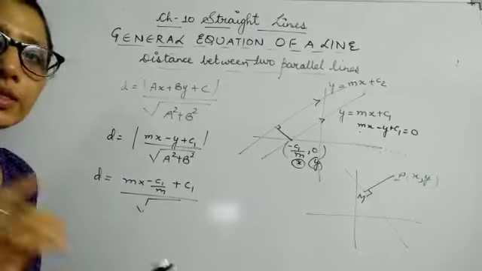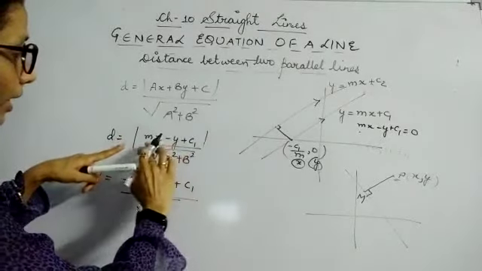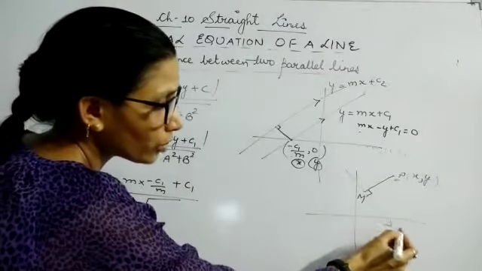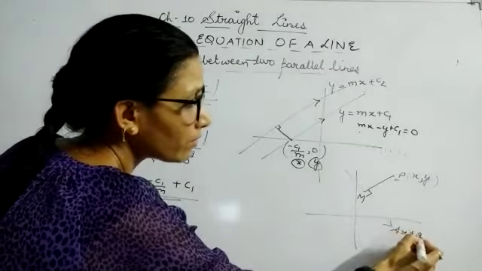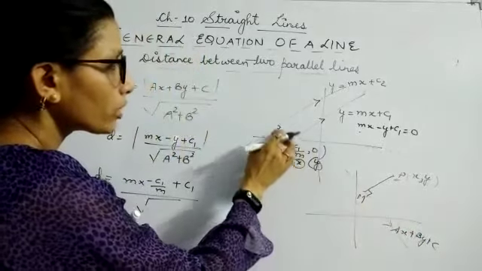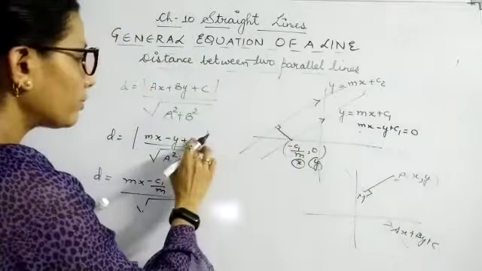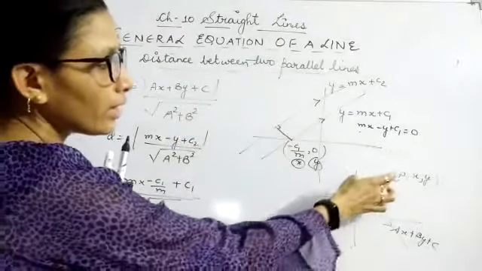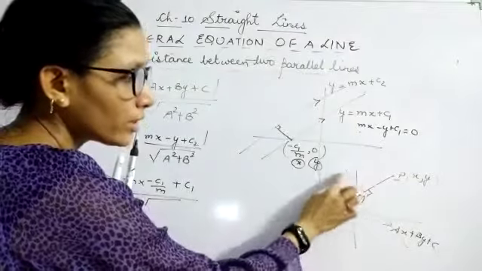x. Let's see children, here I have written mx minus y plus c1. But here this was your equation ax plus by plus c. That means the line on which it is perpendicular. So this is perpendicular to this line, so I will take its constant as c2. Which line do you have to take? The line on which this is perpendicular.